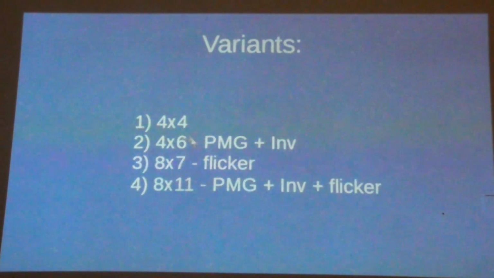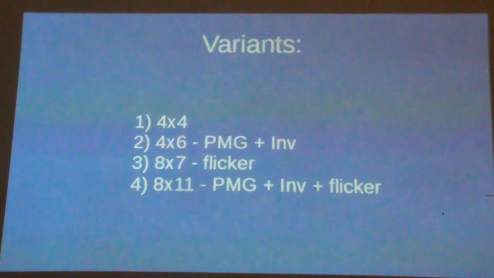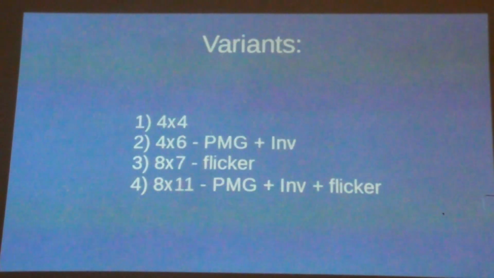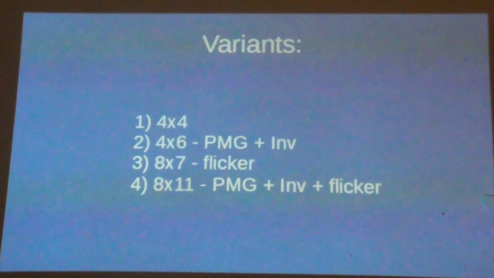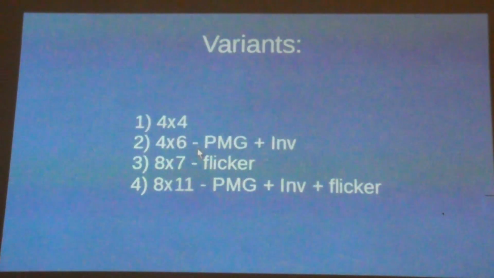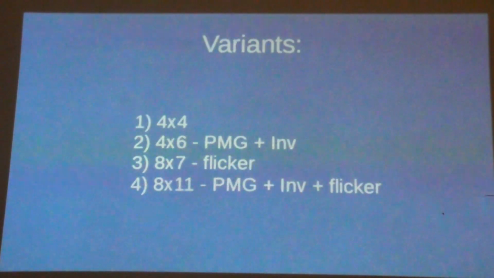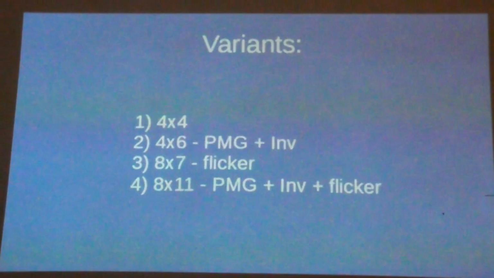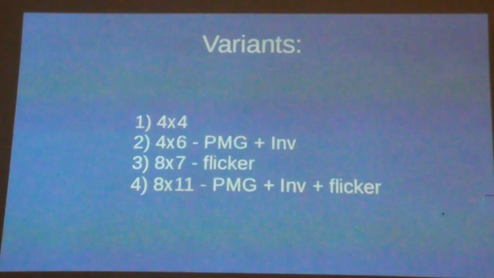These first 2 modes don't use flickering, so they look perfectly static, even on CRTs. But 16 colors is not much. The other mode, 4x6, gives 24, which is better, but nothing special.